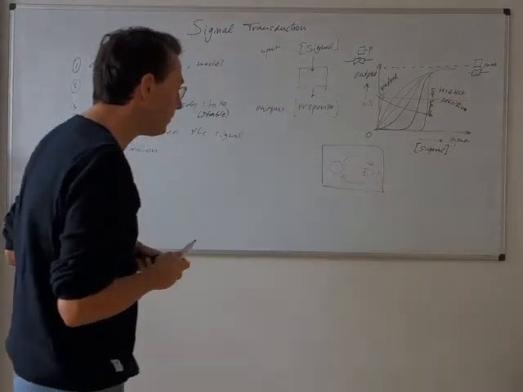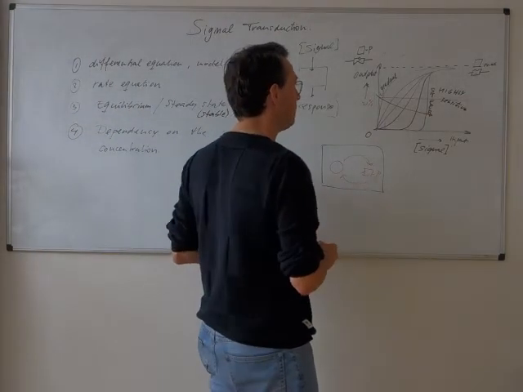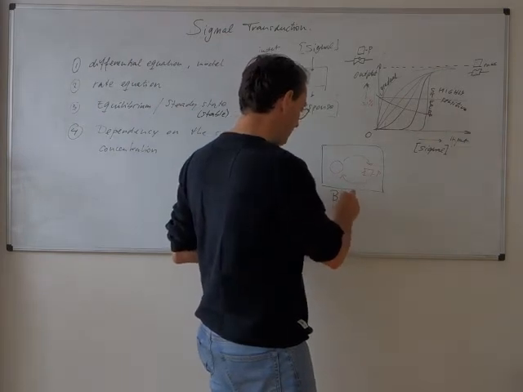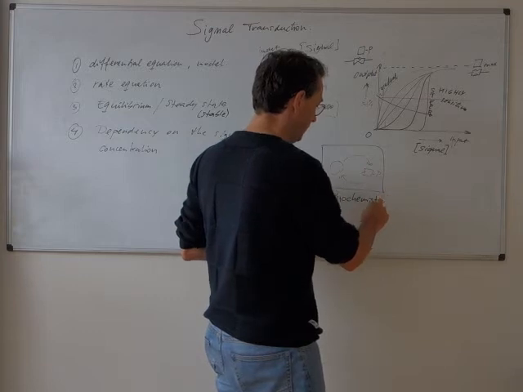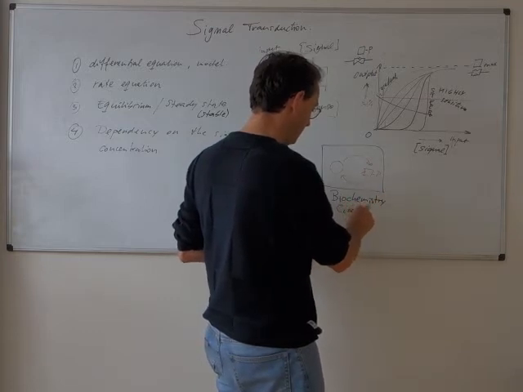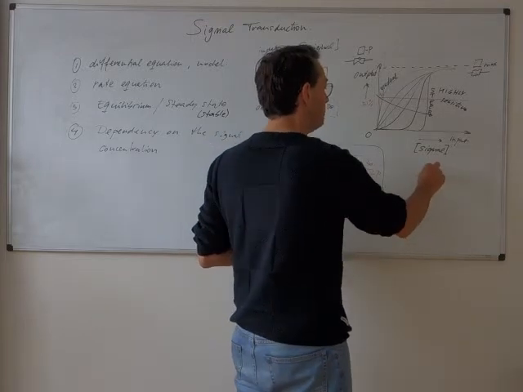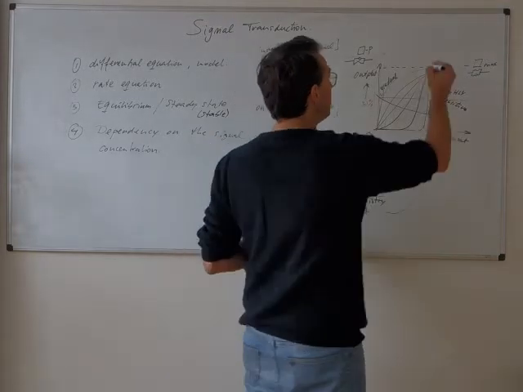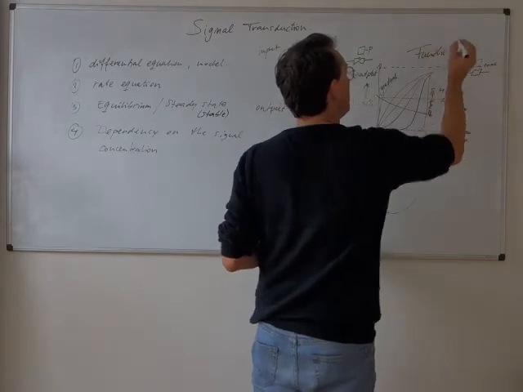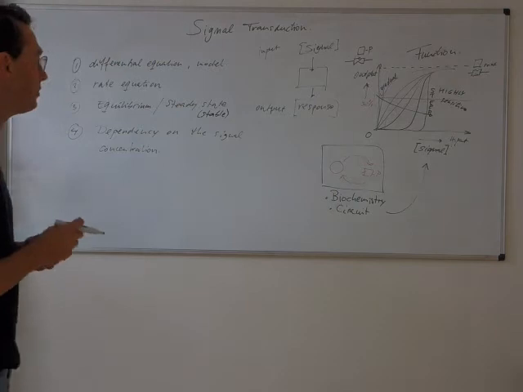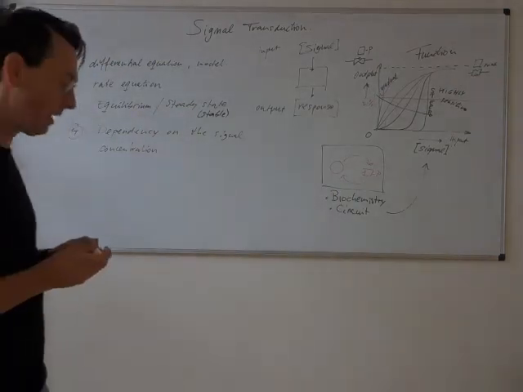So essentially what we're going to achieve in this chapter is to go from the biochemistry, from the circuit, to the function of the circuit. And in order to get there, we need to take these four independent steps.